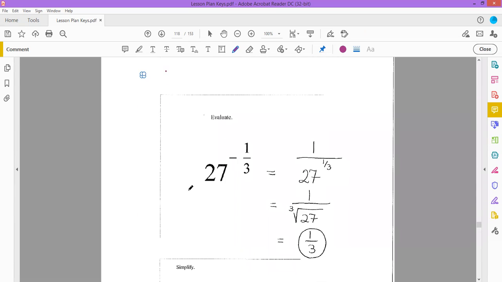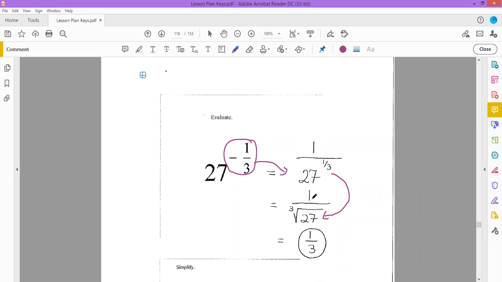In the next example, we have 27 raised to the power of -1/3. Now, first we want to simplify this negative power. Remember, to make a negative exponent positive, we move that term to the denominator. So we have 1 over 27 to the positive 1/3 power. Now, the denominator we're going to change to root form.